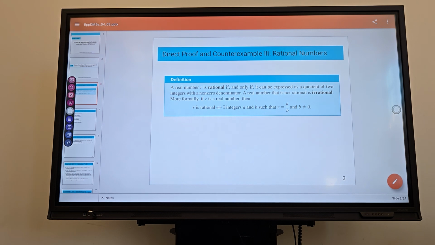A number that is not rational is irrational. More formally, if r is a real number, then r is rational if and only if there exist integers a and b such that r equals a over b and b does not equal 0.